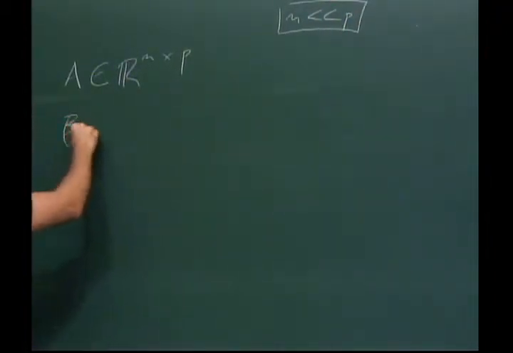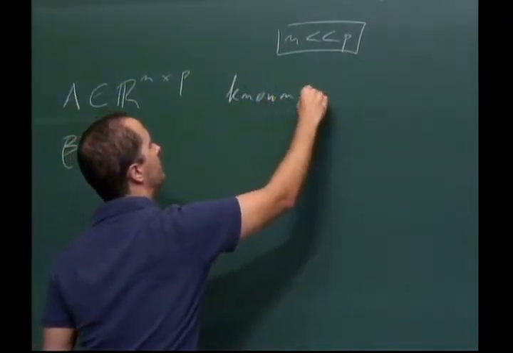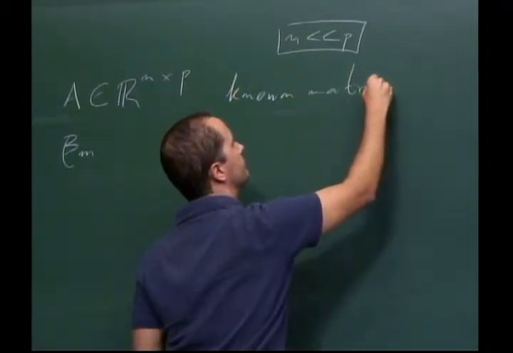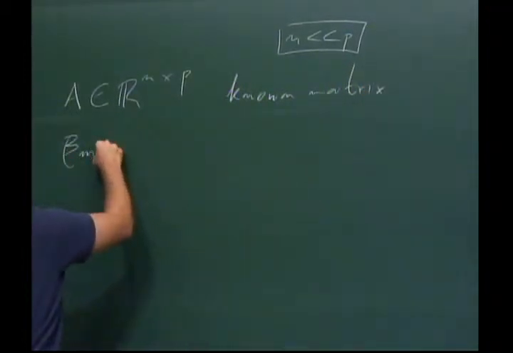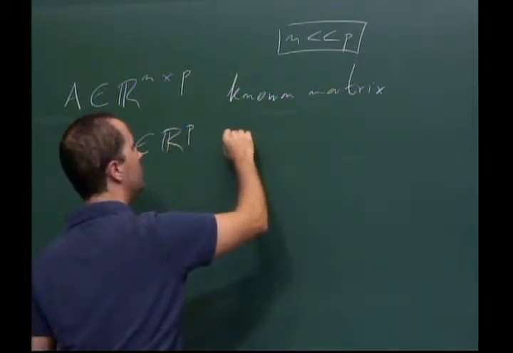We have a vector. So this is a known matrix. We have a vector which is in R^p and unknown.